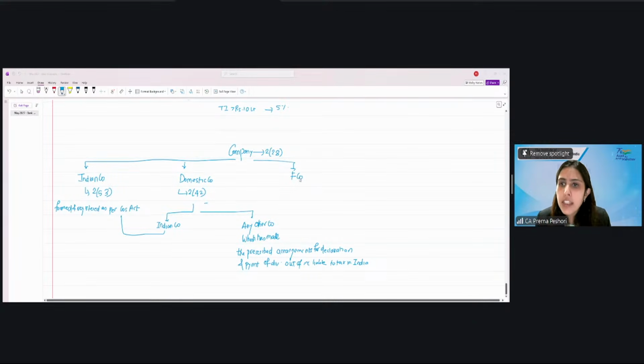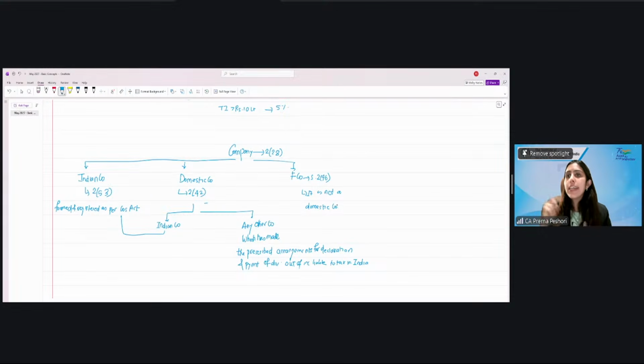A foreign company is defined under 2(23A) to say it is not a domestic company. So any company other than a domestic company is a foreign company.